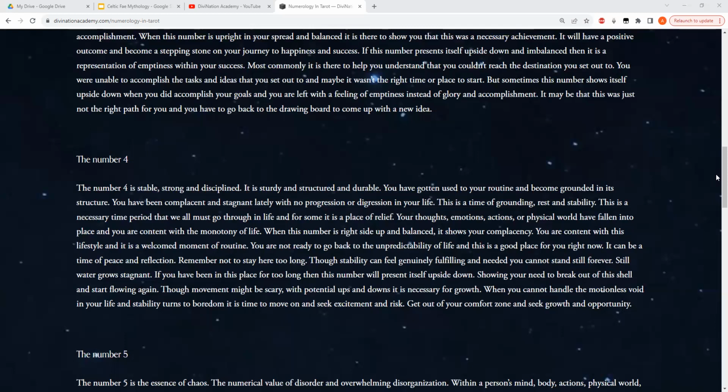So remember that the 4 is the time to stop. When the 4 describes an entire person's personality, what they're doing with their life at the moment is nothing. Now, 4 doesn't mean obviously that they quit their job and they're doing absolutely nothing at all, just sitting and not moving.